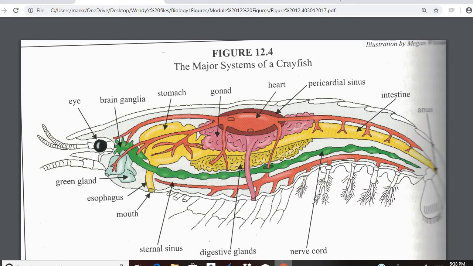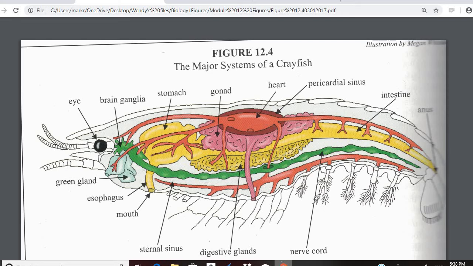And now remember, the gills are right in this area, like over top of the stomach. So as the blood is circulating, it would also pass through the gills and would pick up oxygen, and it would get rid of carbon dioxide. Again, the blood comes directly in contact with the tissue.